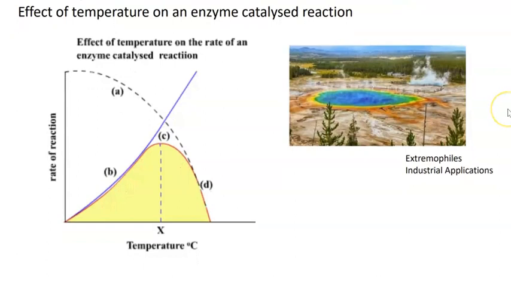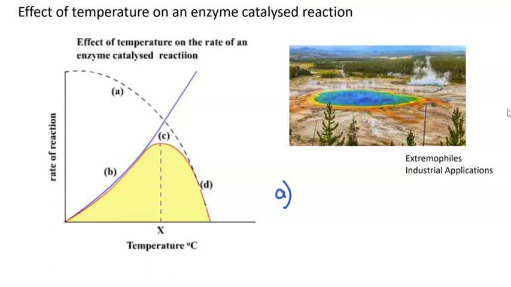So a change of shape may result in a loss of function. Looking at temperature, the effect of temperature on enzyme catalyzed reactions. In yellow with the red bounding line is the classic curve of the effect of temperature on the rate of an enzyme catalyzed reaction. However, this is actually a consequence of two separate ideas.